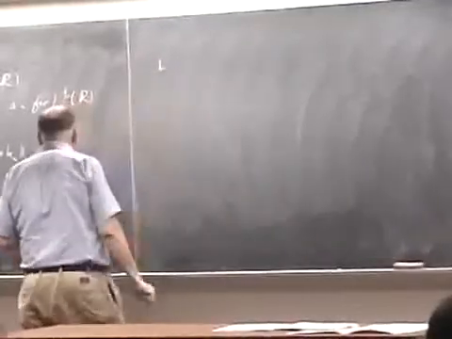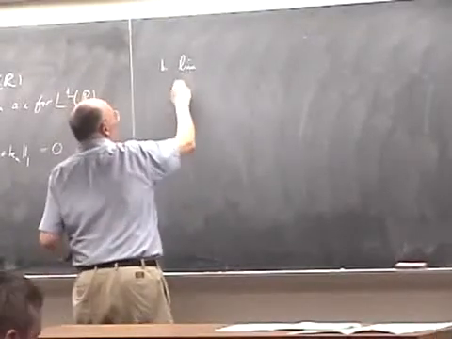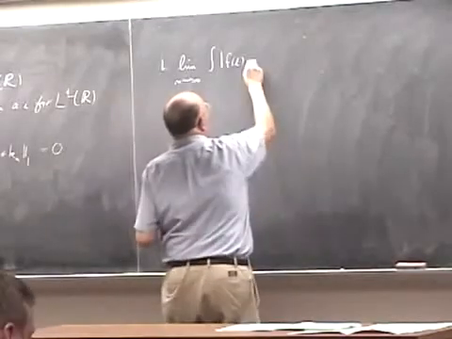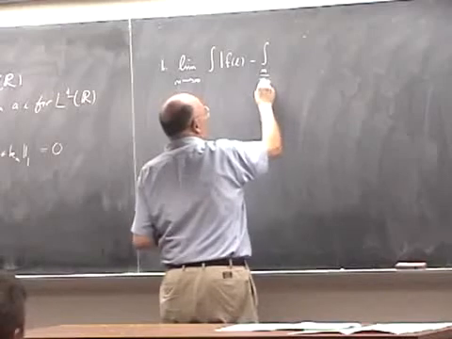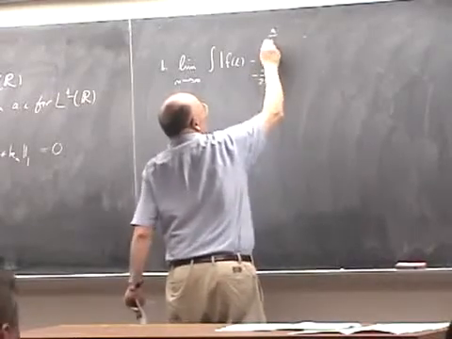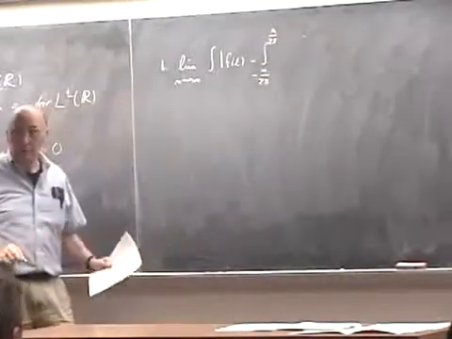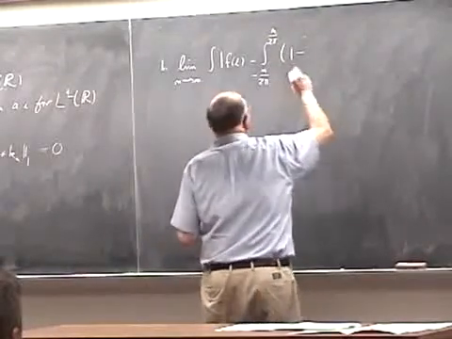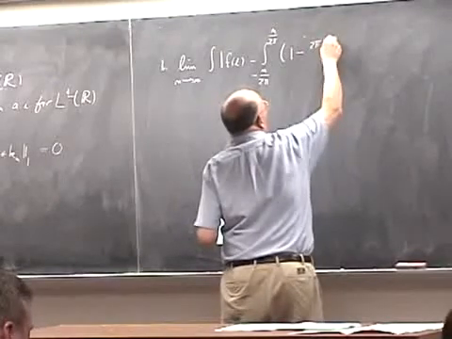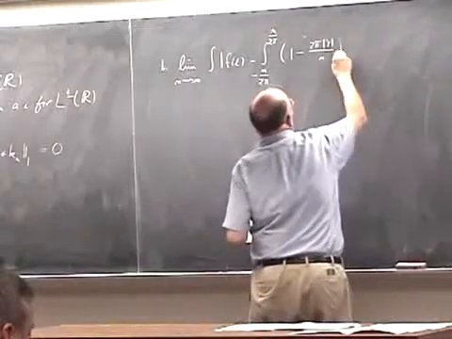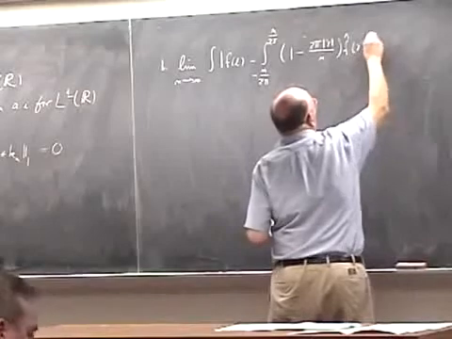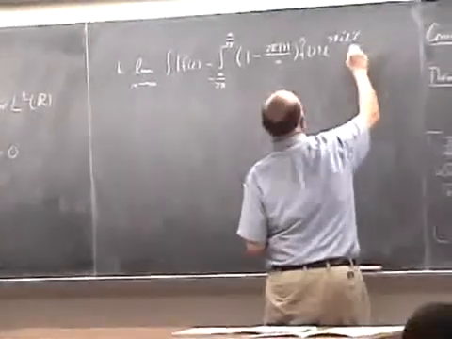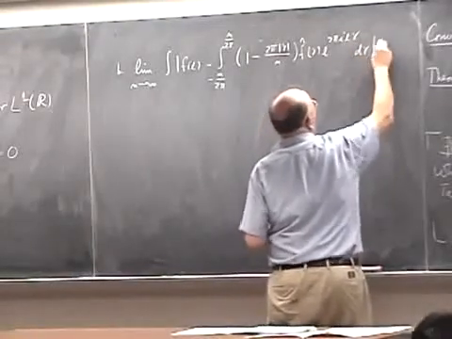B, the limit as n goes to infinity of the integral of f of t minus the integral from minus n over 2 pi to n over 2 pi of 1 minus 2 pi gamma over n times f hat of gamma e to the 2 pi i t gamma d gamma, dt, is equal to 0. This is going to seem strange because I'm skipping something, but I'll explain in just a moment.